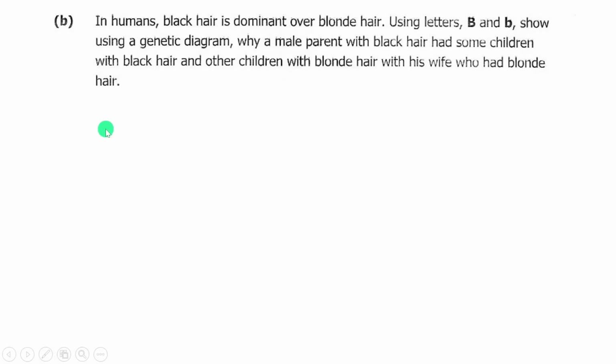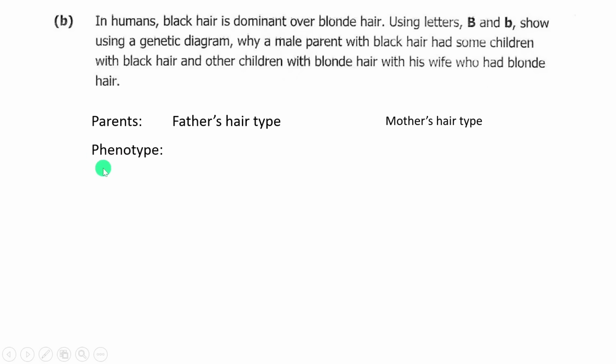Here is how to answer this: you come with parents, you have the father's hair type, then you have the mother's hair type. Then after that, you need to look at the phenotype of the father's hair, which is black, and the phenotype of the mother's hair, which is blonde.